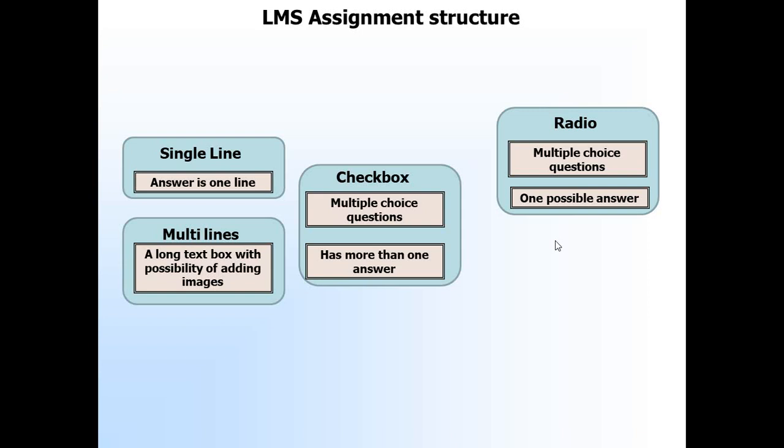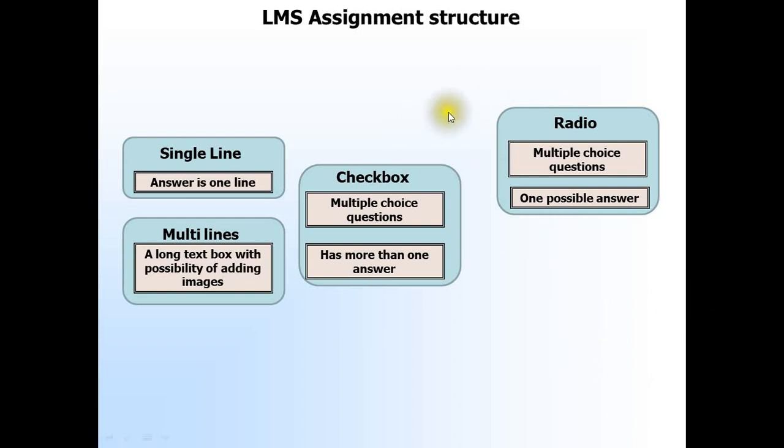It is either true or false. Or you can ask a question with a list of possibilities, but where the only possible answer would be one. So the student will only have one possibility. If he selects the answer above, the answer below will not be selected. We also see an example of this one.